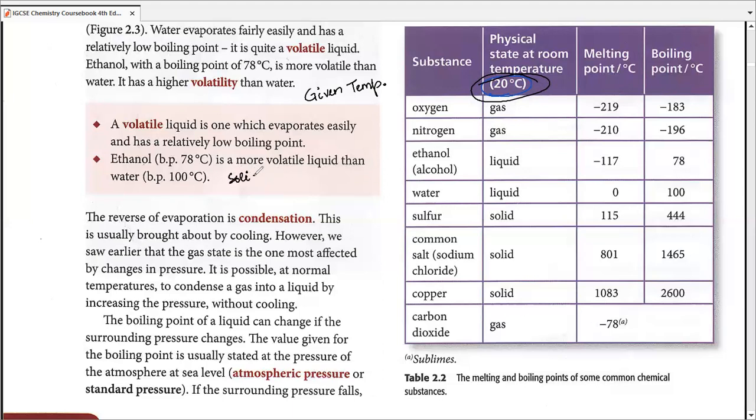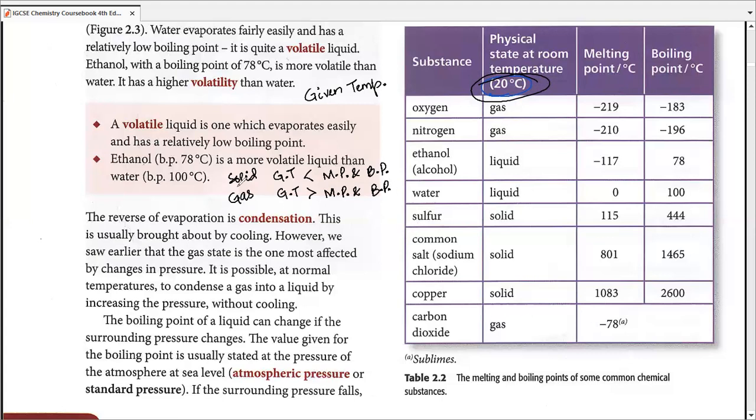So the rules are pretty simple. It's a solid if the given temperature is smaller than the melting point and the boiling point both. Even if it's just smaller than the melting point, that works for us. For gas, if the given temperature is greater than both the melting point and the boiling point.